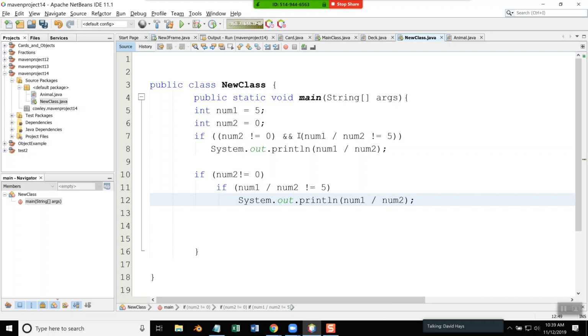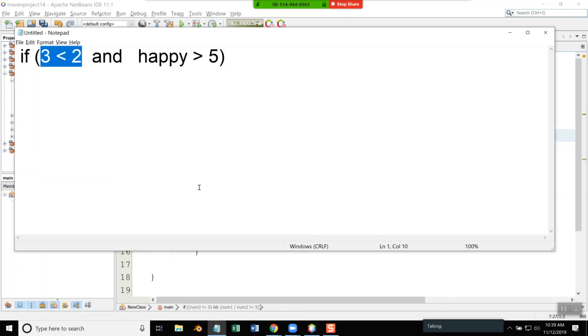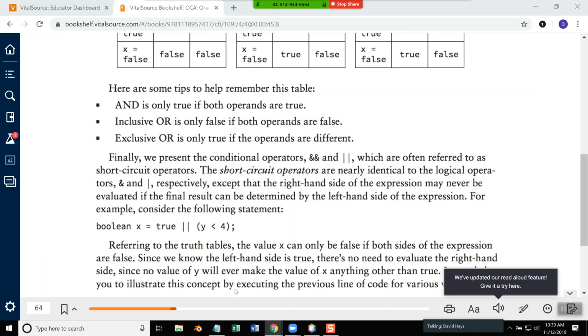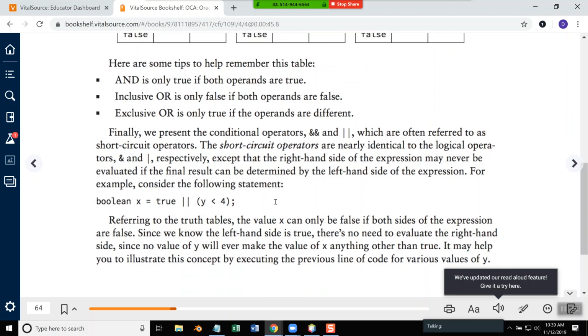So this accomplishes the same thing as the 2 ampersands. I always figure in programming, the more complex you make it, the harder it'll be for yourself to understand it 2 years from now, and also the harder it'll be for a programmer coming after you to understand what in the world you're doing. But that's short circuit operators.